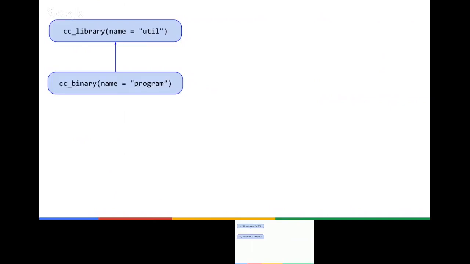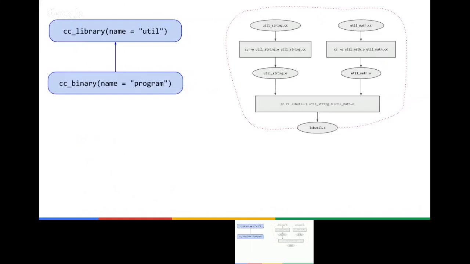And so Bazel will generate an action graph. So this is the expansion of the CC library. It will run two commands to call the C++ compiler. This will generate two .o files, and then it will link in a library that you can use.